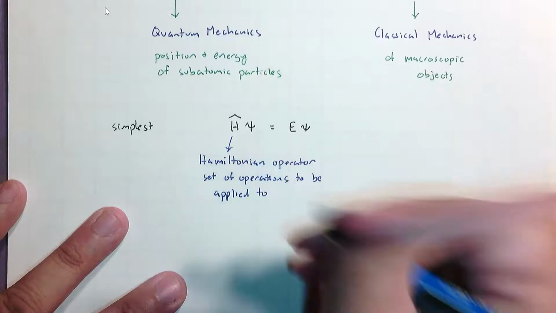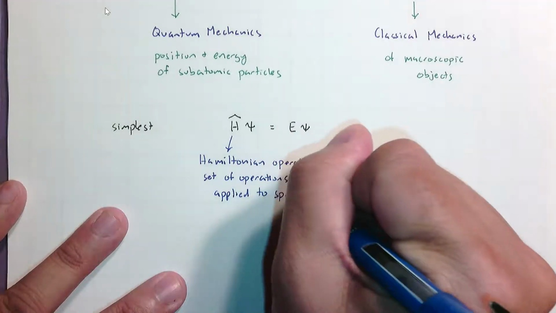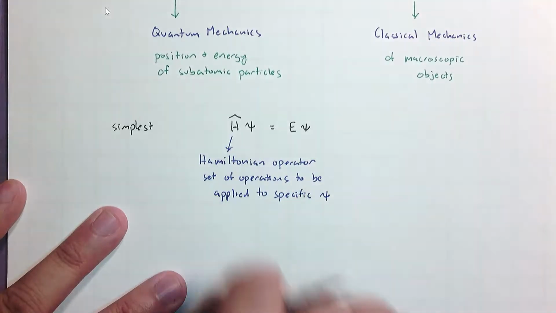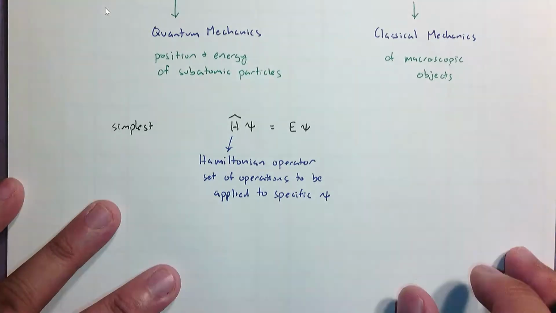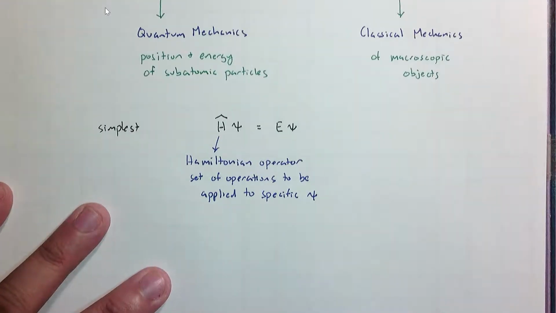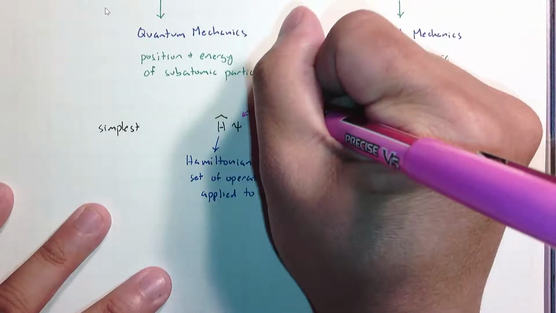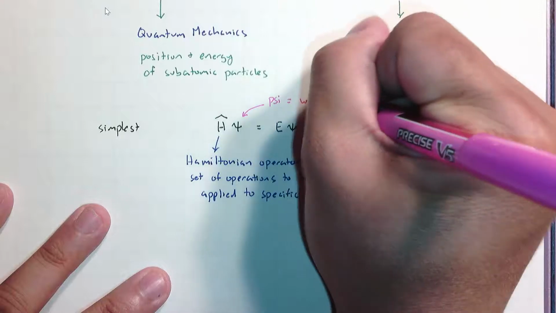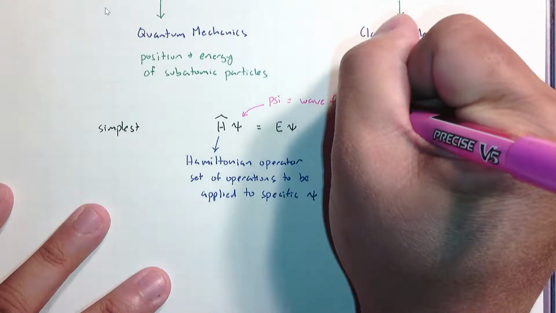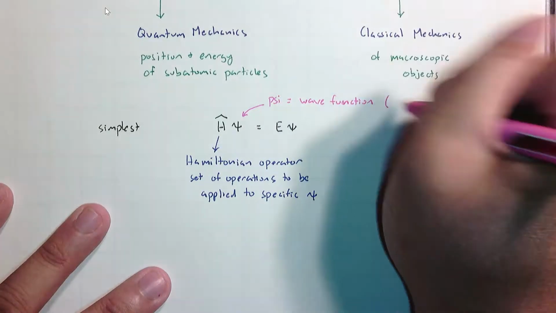That symbol right there, psi, is what's really important for us. Psi is called the wave function. Psi equals the wave function. And what is a wave function?